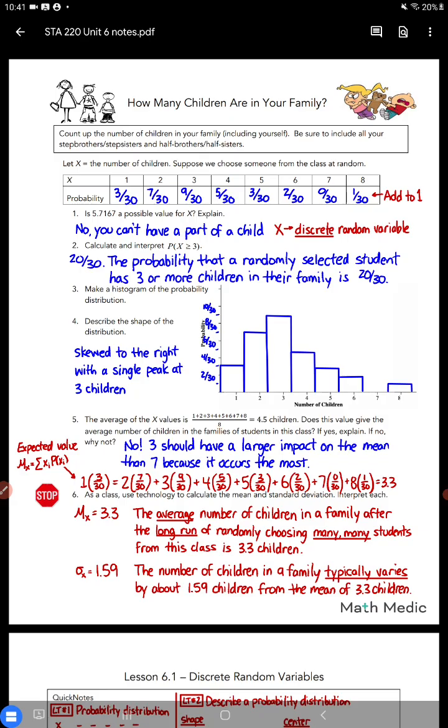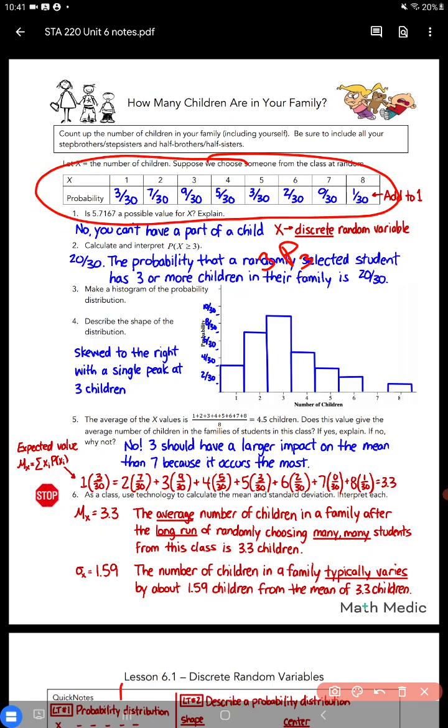The way that I would read this probability distribution right here is across the top, I have my random variable, x, and that is the number of children that are possible. It looks like in this particular class, the smallest number was 1 and the largest number was 8.